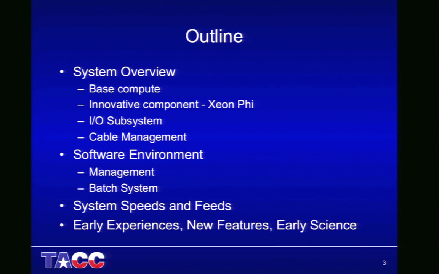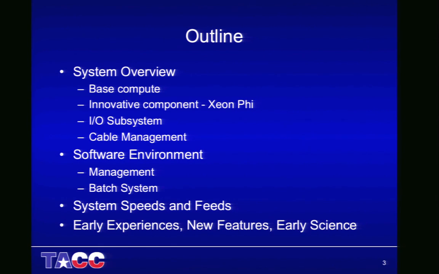All right, so an outline for the talk. I will give you an overview of the system in case you're not familiar with it, and break it into 2 different parts. One is a base compute part. Another is an innovative component, which in this case happens to be Xeon Phi. I'll talk about the I/O subsystem, and I'm going to try to sprinkle in some experiences along the way.